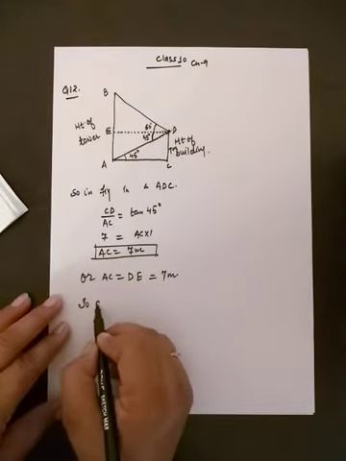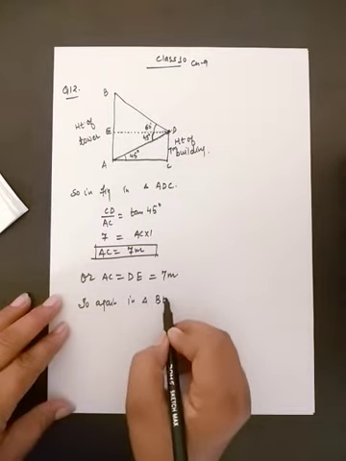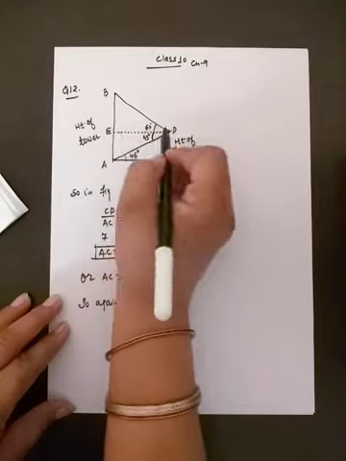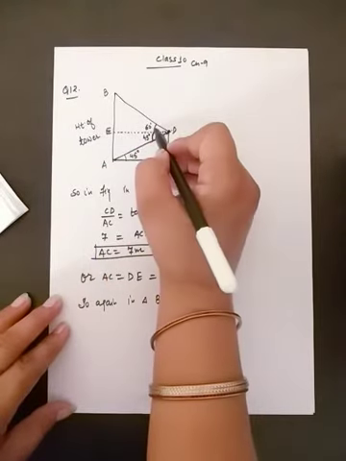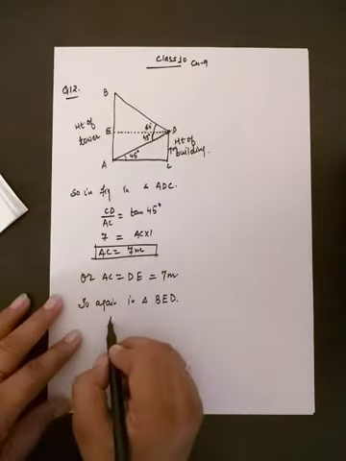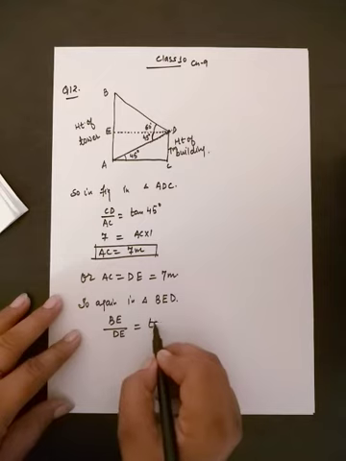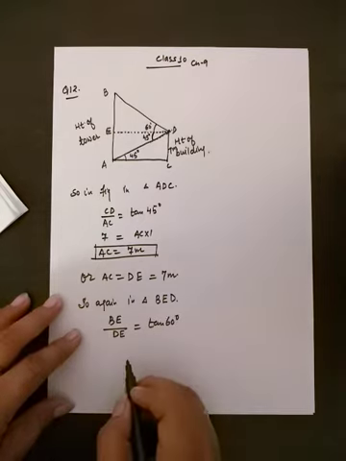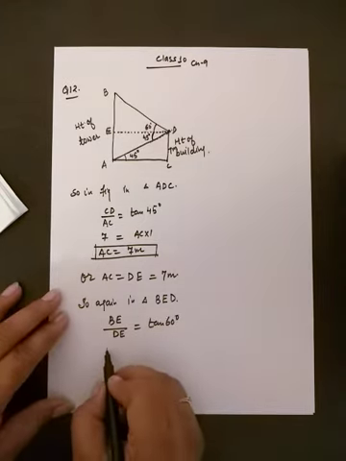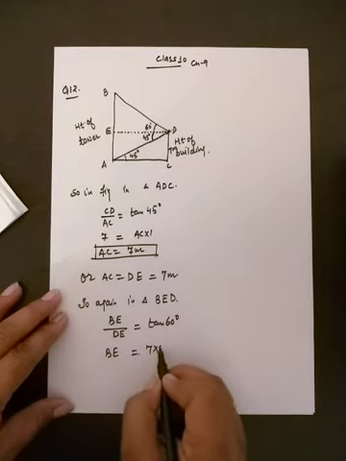So again in triangle, now we can take triangle BED because DE is 7 meter now and one acute angle is 60 degree given. So we can find the value of BE. So BE by DE will be tangent 60 degree and BE will be equal to DE, 7 into root 3.